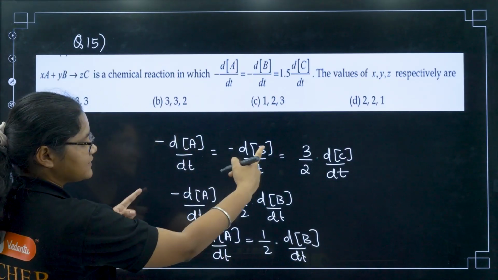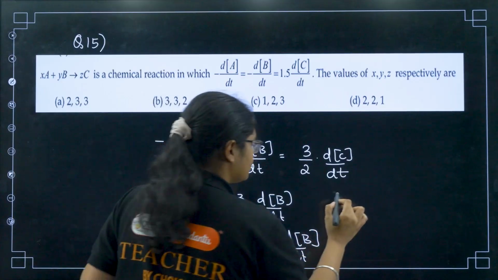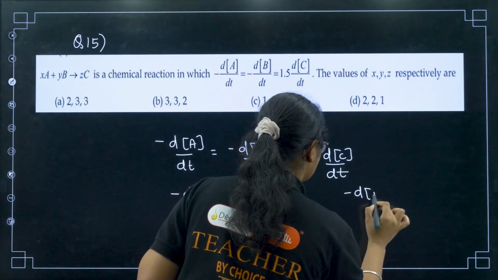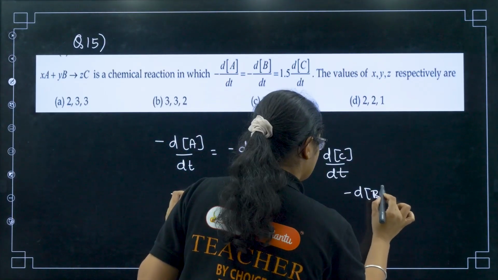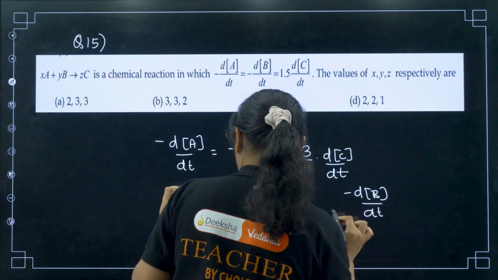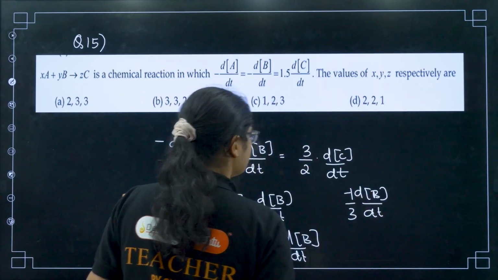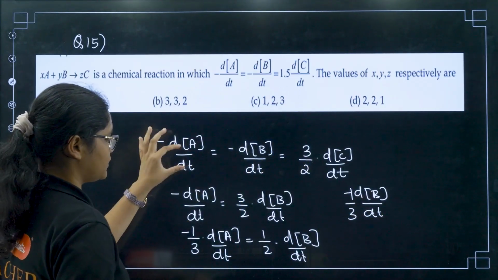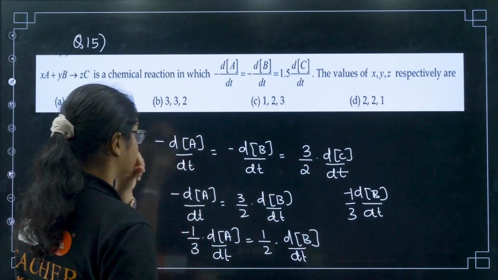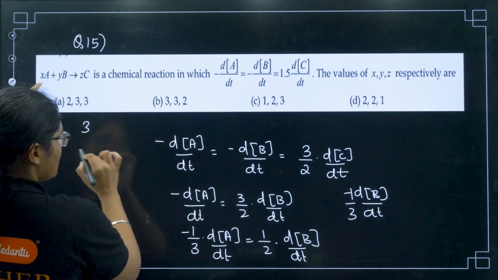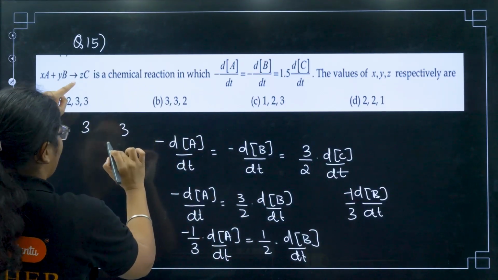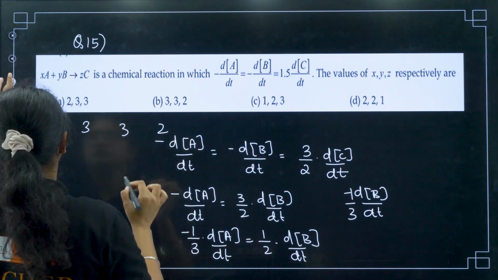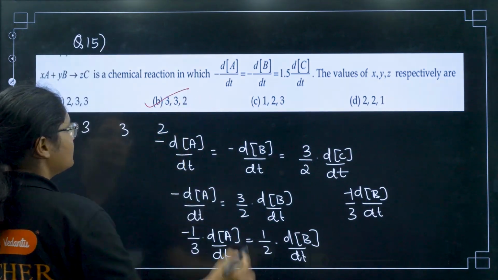And since dA by dt is equal to dB by dt, I can also write minus dB by dt will be equal to also 1 by 3. Because these two are equal, this one will also be equal to this one. So x will be 3, y will also be 3 and z will be 2. So 3, 3, 2, that is in option number B.